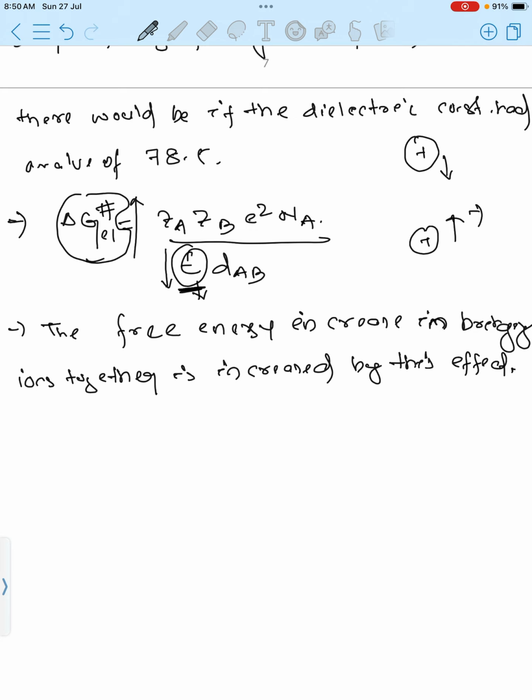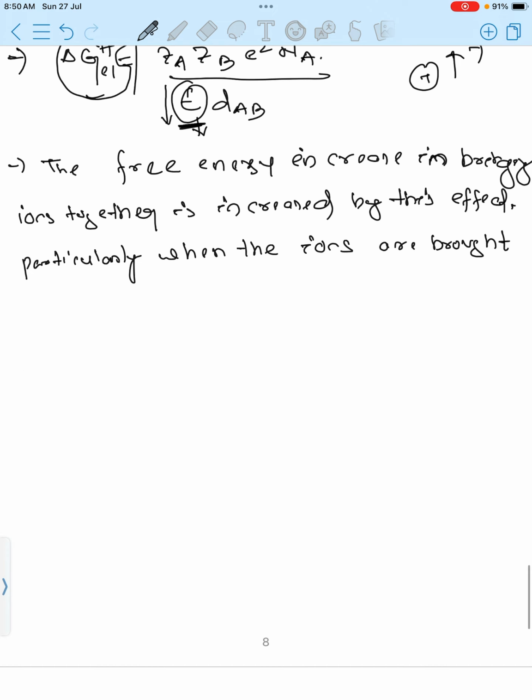Effect, particularly when the ions are brought to within a few angstrom of each other.